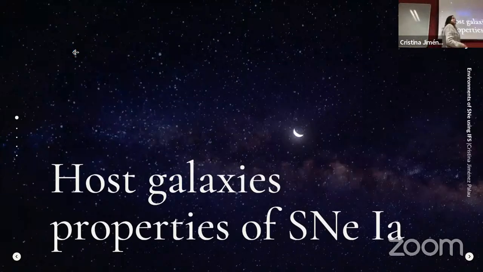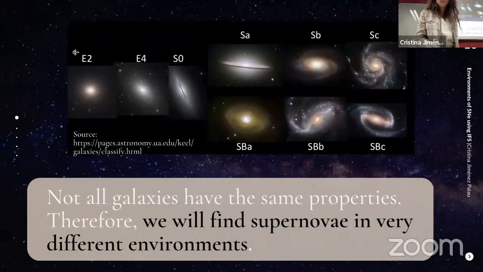As you can imagine, studying supernovae is not super easy in terms of observational work. So one of the things that we are doing now is to say, okay, let's study where they are: the host galaxies. And why is this important?